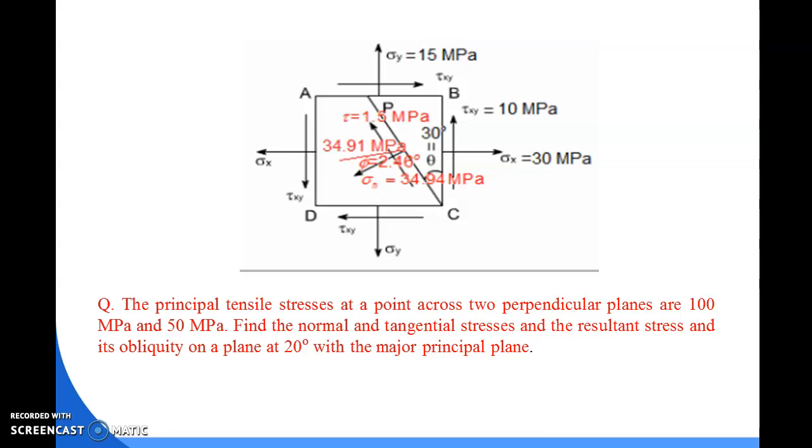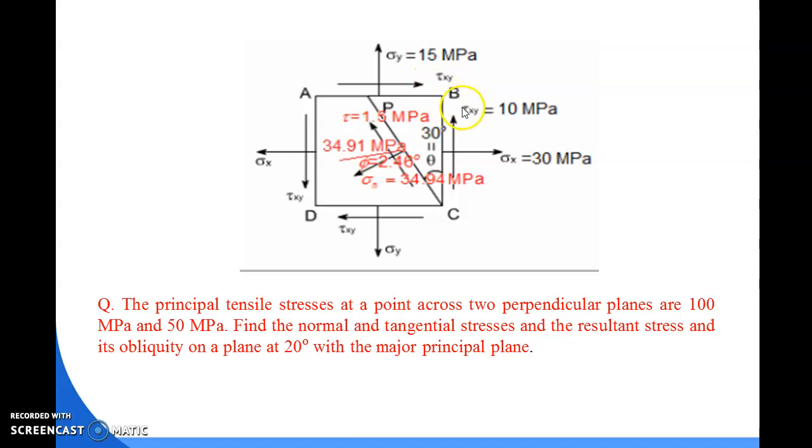Okay. So in this way we got all the values. Now we have to draw the diagram with the normal stress and shear stress values, along with the resultant stress and the value of phi. According to the question, the sigma x value is 30 MPa and the sigma y value is 15 MPa.